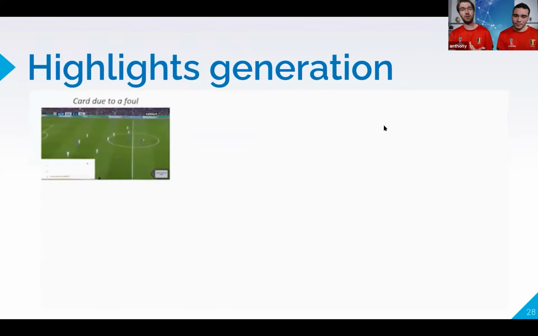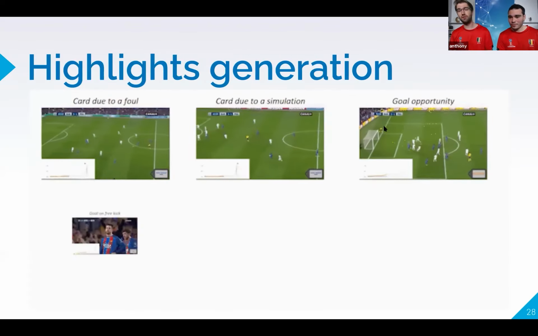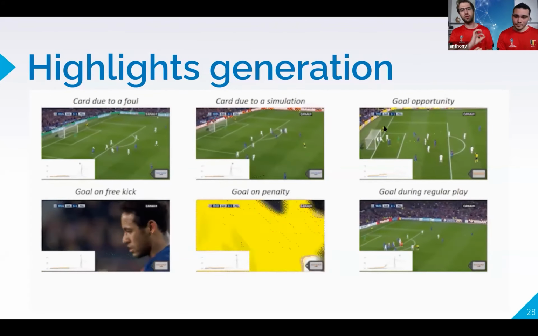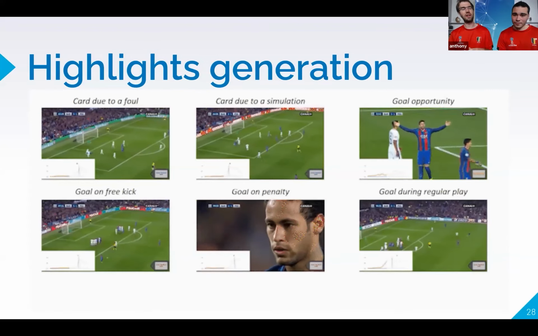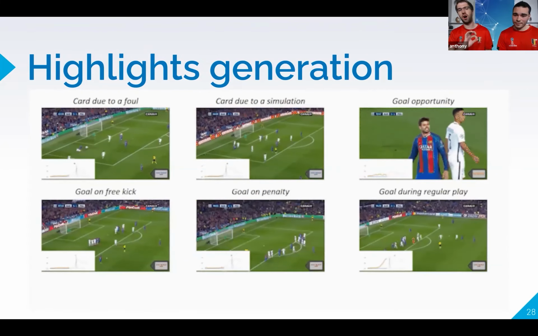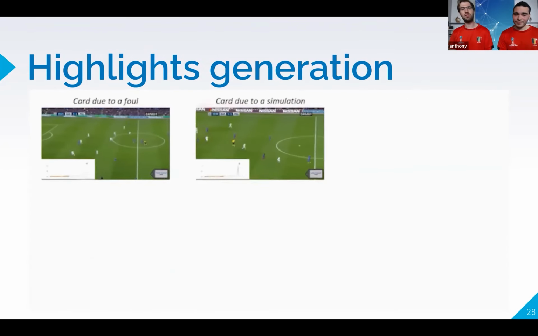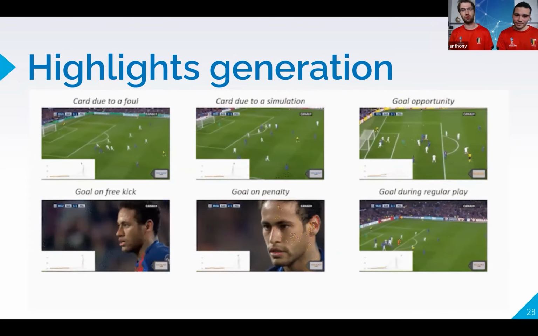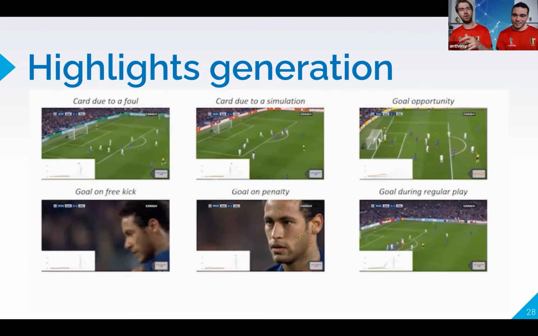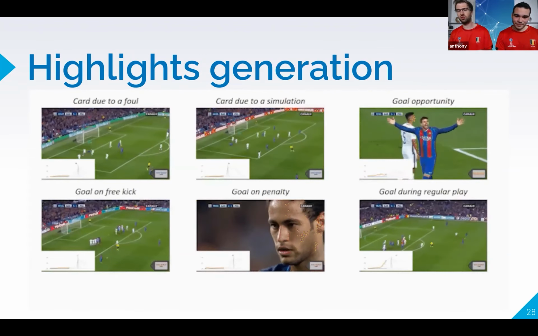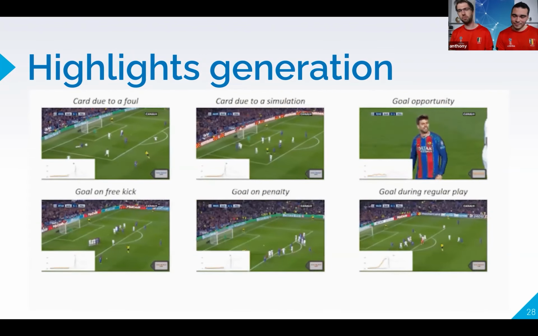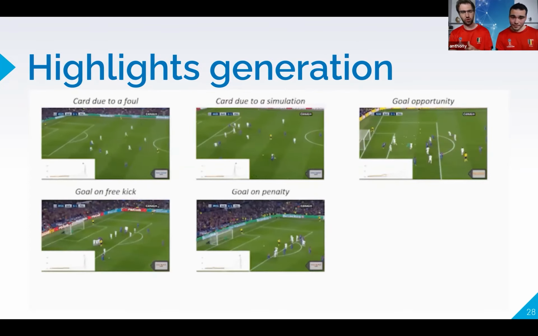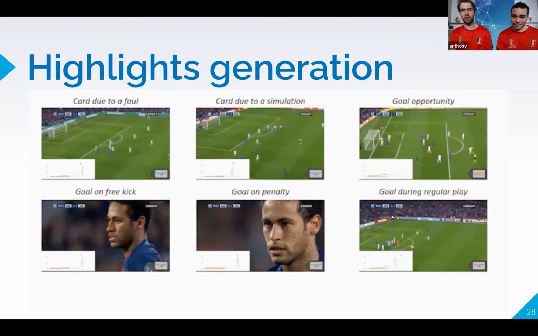It's interesting because from that, we could derive a very simple highlights generator by just selecting on the temporal segmentation curves the interesting actions, so those with a high segmentation peak, even if they were not spottings that the network wanted to detect. So in this case, we have cards due to foul, cards due to simulation, we have goal opportunities, free kicks, and so on. Goal on free kick, goal on penalty, and regular goal.